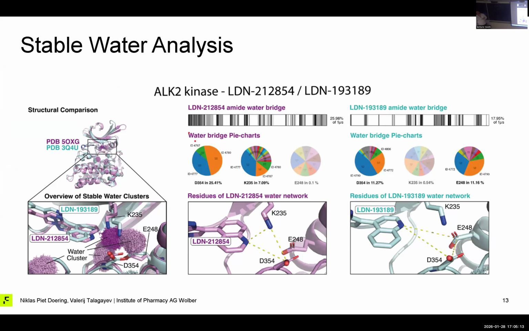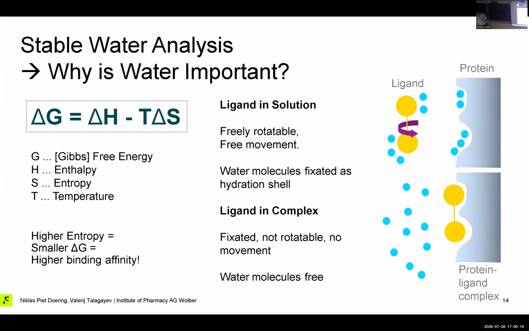Why could investigating stable waters be interesting? This slide we already saw in a similar form earlier today. Waters are important for gaining energy. Getting water out of a binding pocket can give us a large energy gain.